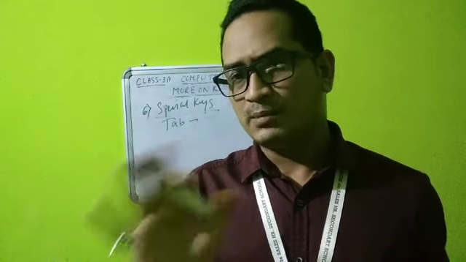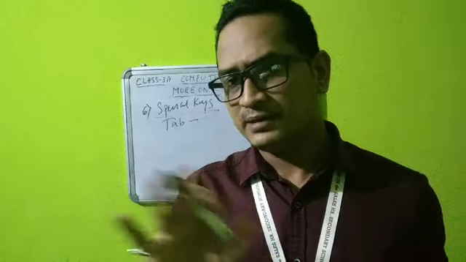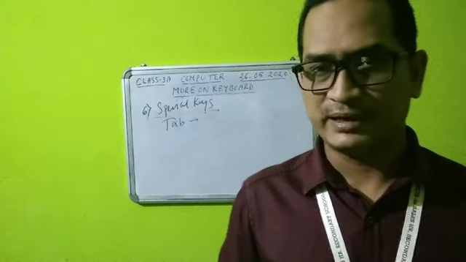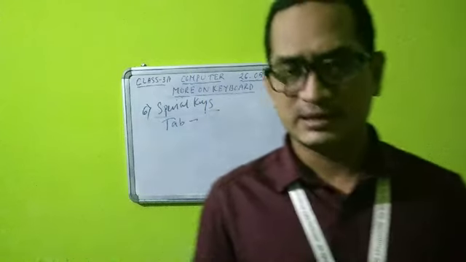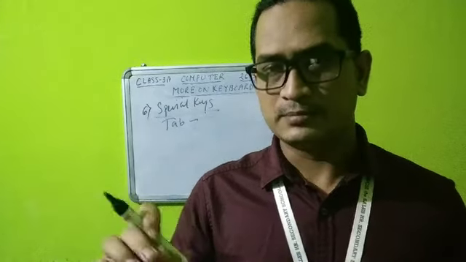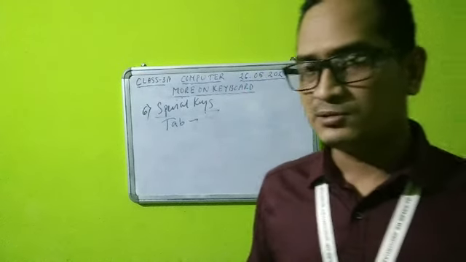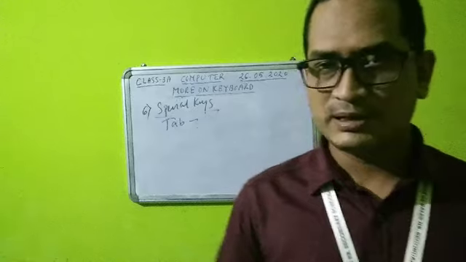If you want to move the cursor in between some words, that will be done by Tab. So without using the mouse every time, you can use the Tab button to move the cursor. That is one use of Tab.